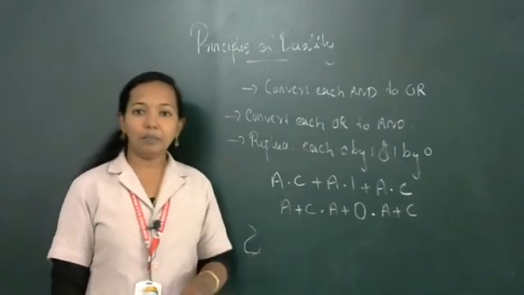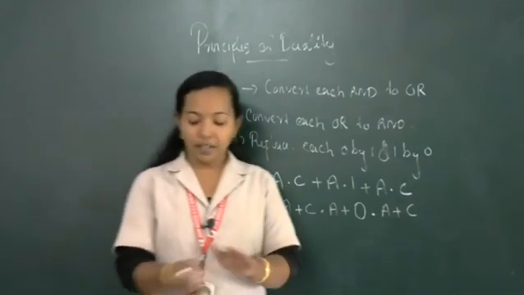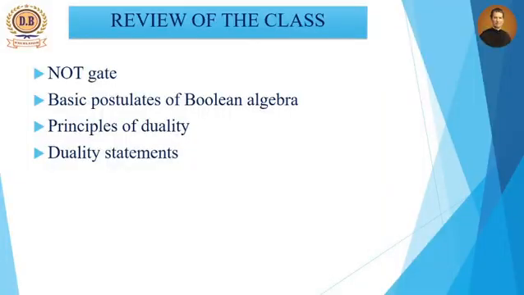Okay, so we completed all the 3 topics. Again we will revise. What was our first topic? NOT gate. NOT gate is also known as inverter; the truth table and the circuit diagram we already completed. Then after that we discussed the basic postulates or theorems of Boolean algebra. 3 different postulates we already studied.